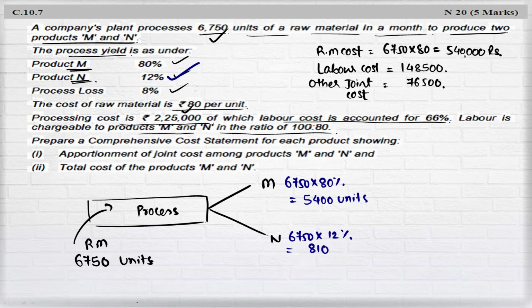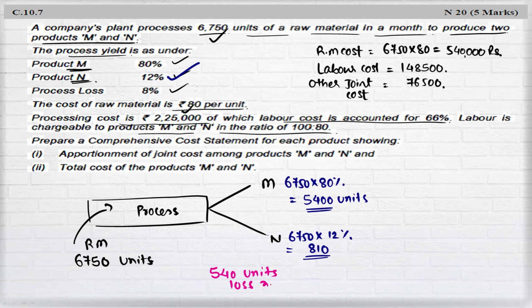How many are the remaining units? 5,400 plus 810 minus 6,750 gives 540 units. What is that? Loss.